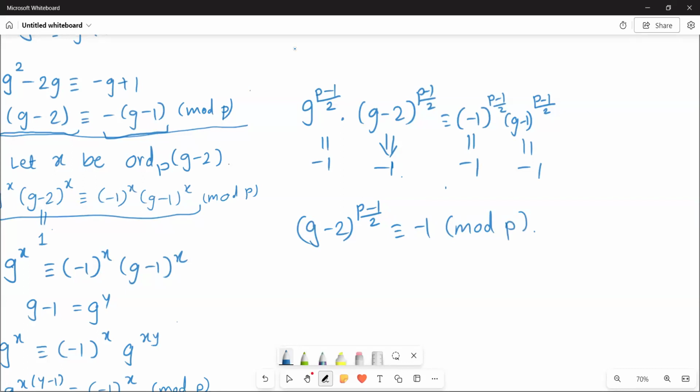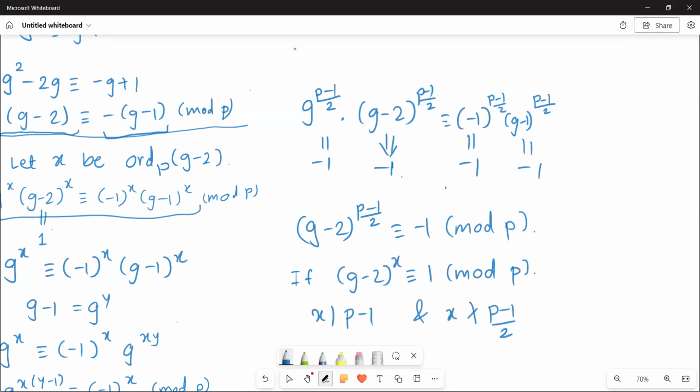So that means that if g minus 2 to the power x is congruent to 1 mod p, x has to divide p minus 1 and x can't divide (p minus 1)/2. So x has to be even, I think.